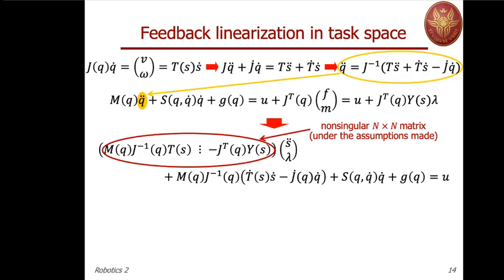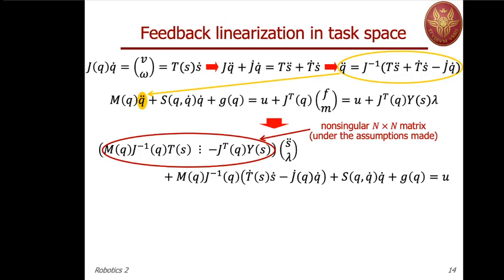However, this 6 by 6 matrix is non-singular under the assumption that we made, so that the geometric Jacobian of the robot is non-singular, and that T and Y are orthogonal to each other. In fact, this matrix is a 6 by 6 matrix in our case, and the columns of this matrix are independent.